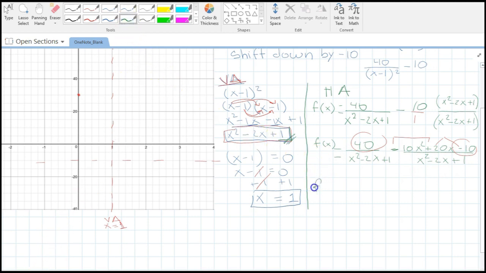I'm going to start writing my function again. f of x equals, as I said, I'm going to start with my highest degree, negative 10x to the second power, and then I need my plus 20x. And then I'm going to combine the constants, which is 40 minus 10, giving me a positive 30. All this is going to be over the denominator.